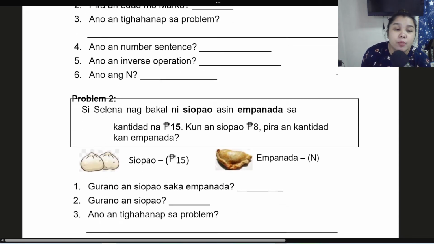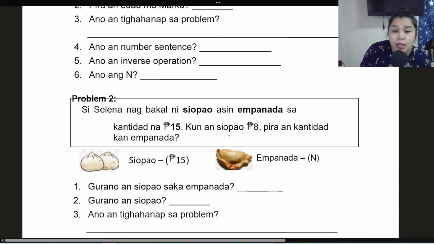Next, problem 2. Selena bought a siopao and an empanada for a total of 15 pesos. If the siopao is 8 pesos, how much is the empanada? The questions: number 1, the price of the siopao and empanada. Number 2, the price of the siopao. Don't forget the peso sign, by the way. Number 3, what is asked in the problem?